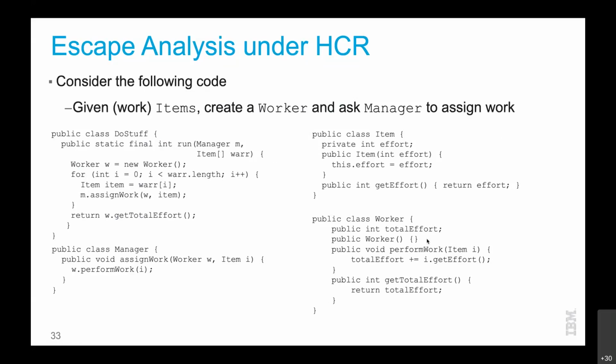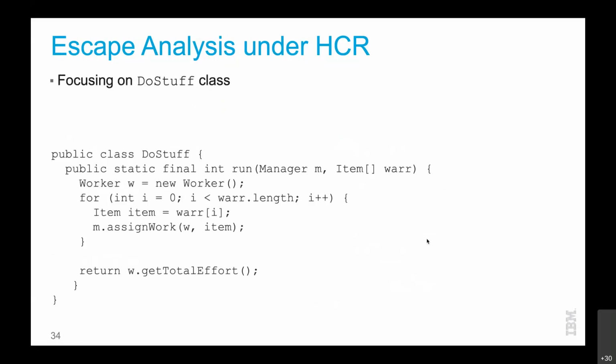In this example, the doStuff class's run method is given a list of work items. It will create a worker object and ask a manager object to assign work to that worker. So if we focus on that doStuff class, the worker object in this context is a candidate for escape analysis.